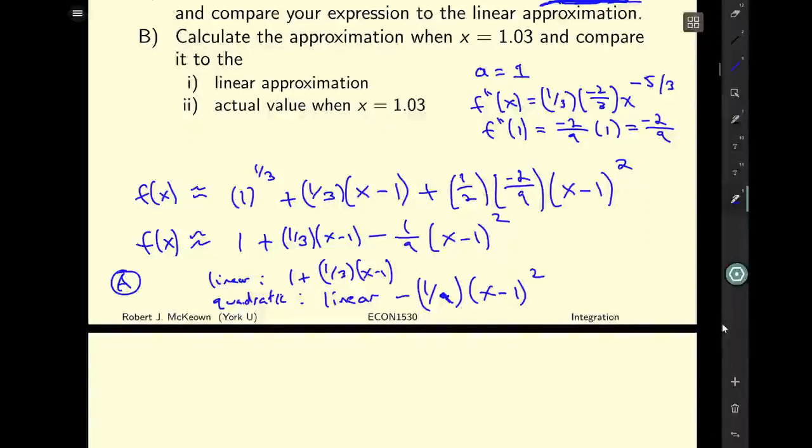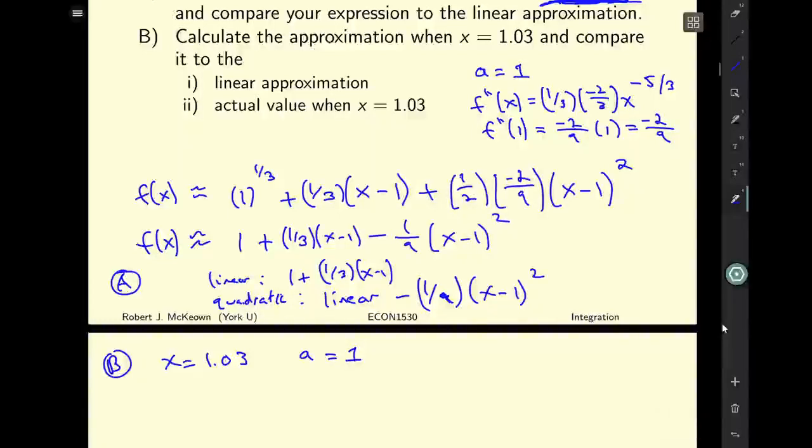Now let's put in some numbers and see what this looks like. For B, we're going to evaluate our approximation when x is equal to 1.03. And just as a reminder, A was equal to 1.